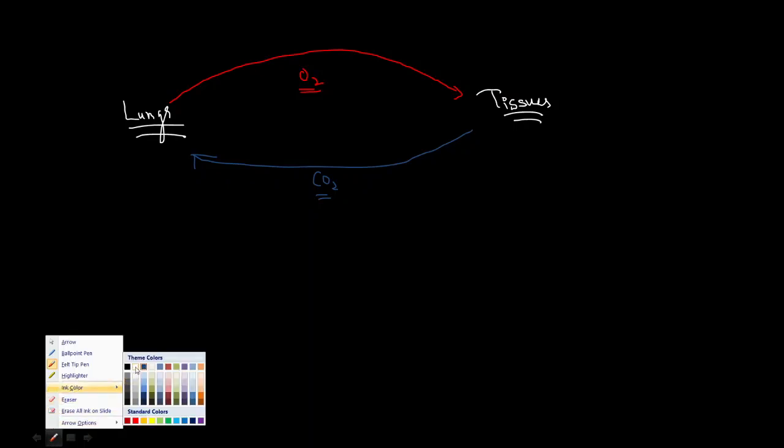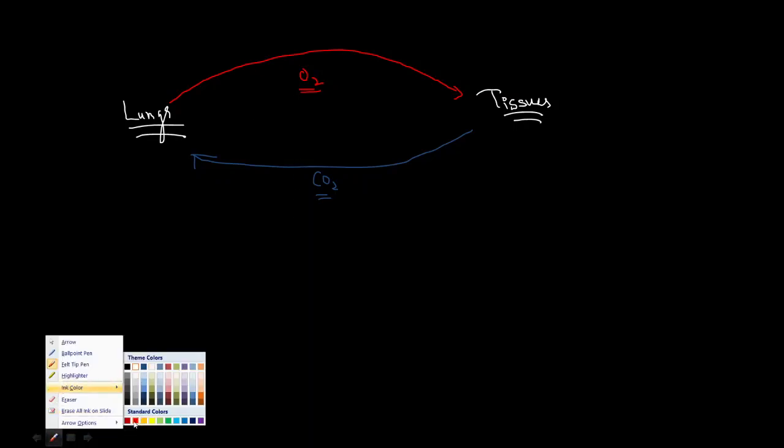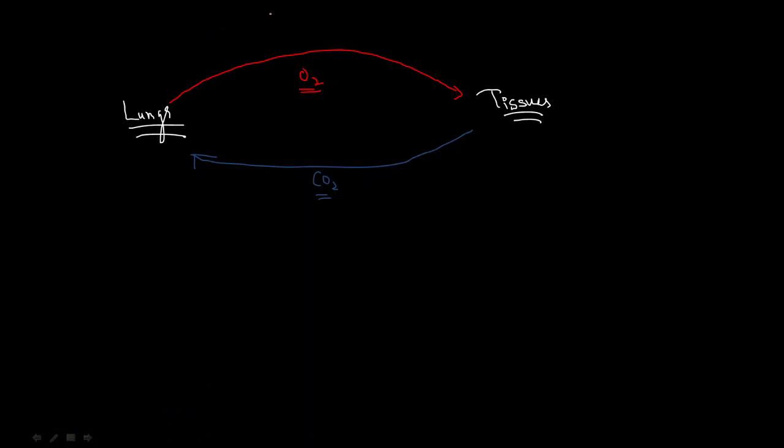Now if I talk about the transport of both these things, the transport of oxygen takes place in two forms. One is in the form of oxyhemoglobin, where oxygen molecules are bound with hemoglobin.